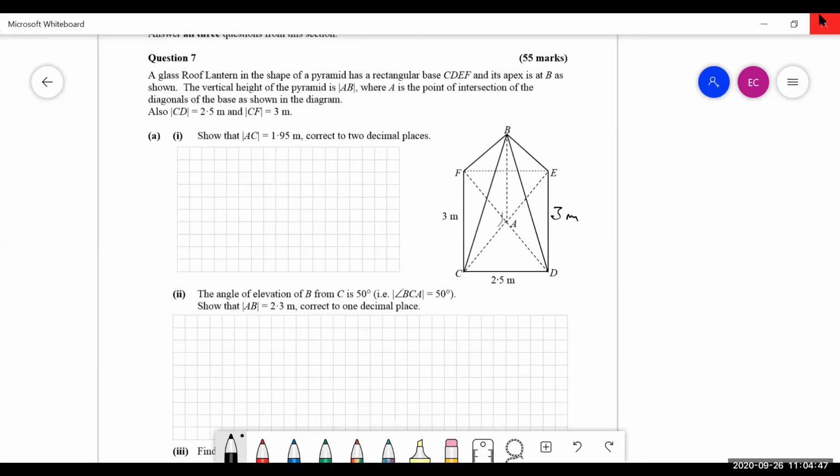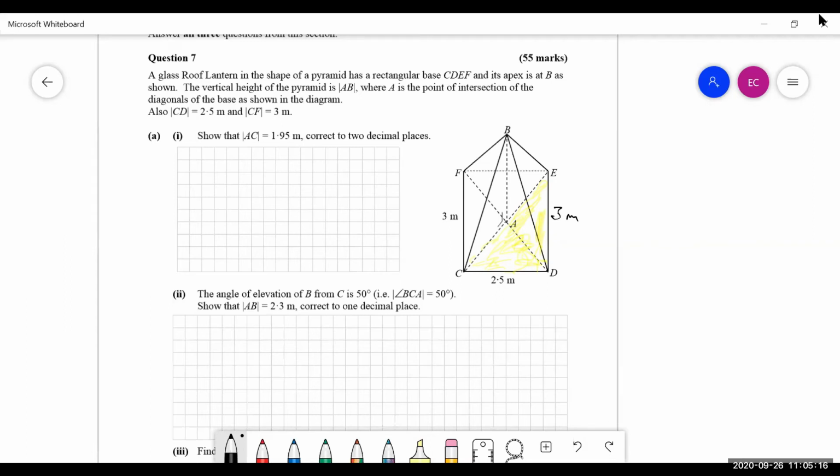So we actually have a triangle here that we can work with. We're always looking for triangles. This is a right angle triangle here, and we have 2.5 meters with 3 meters.